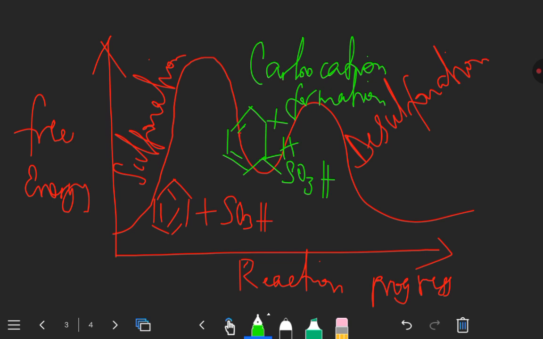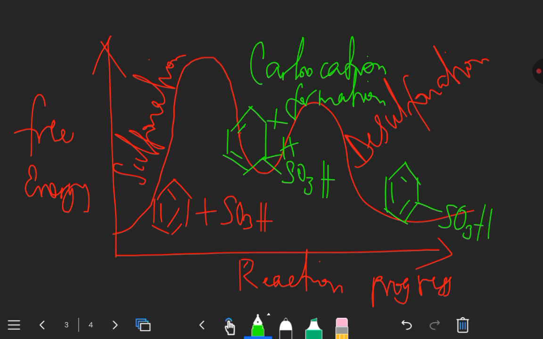Then at the end here we just need to show this structure now. So the structure will now be with this compound attached like that.